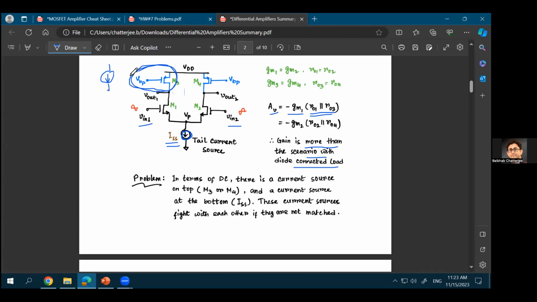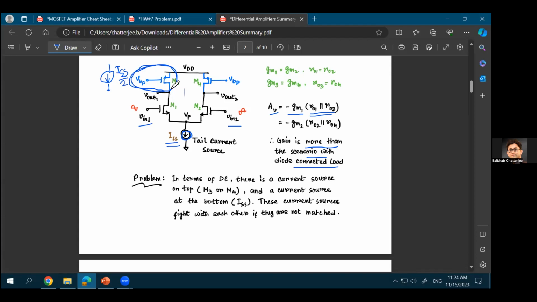Any transistor in saturation works as a current source. That's just a property of a transistor. That's how the transistors are. So if you have this transistor biased in saturation, and if this works as a current source, there is no guarantee that the value of this current is equal to ISS over 2.